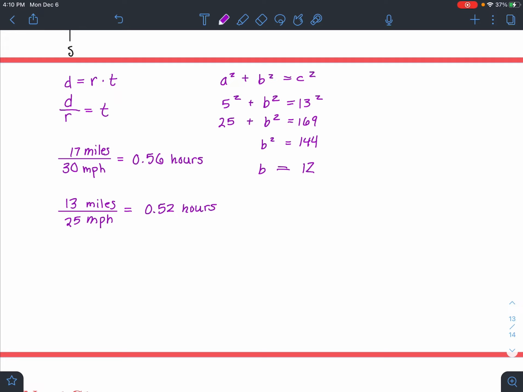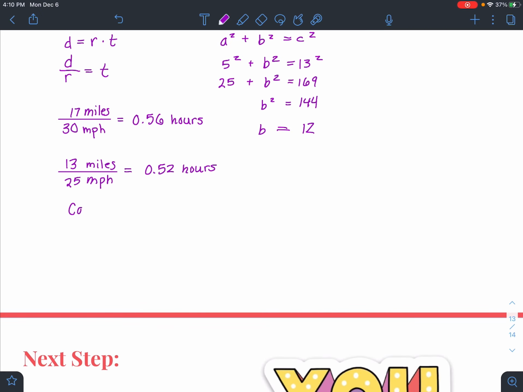So whoever got there first is going to be whoever gets there in the least amount of time. So that means that since 0.52 is less than 0.56, Callie is going to be the one who gets there quickest. So the answer to the question is Callie will arrive at the movies first.